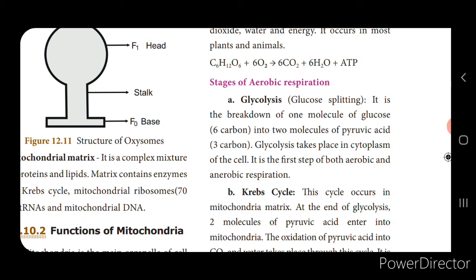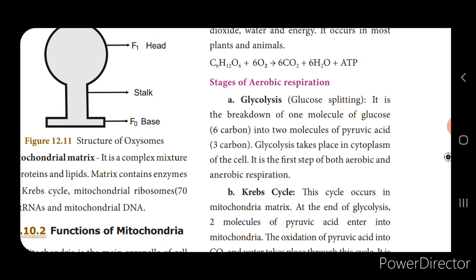And when photosynthesis takes place, plants take in carbon dioxide and give out oxygen due to the photosynthetic process. But during night time, when cellular respiration takes place, it takes in oxygen and converts the glucose into carbon dioxide, water and energy is released. So this type of respiration is called cellular respiration.